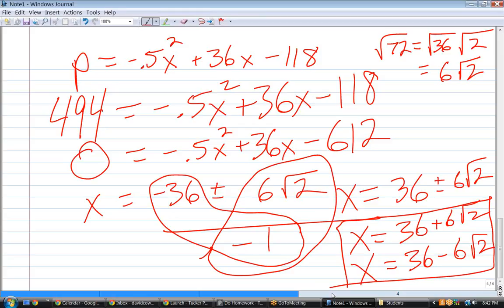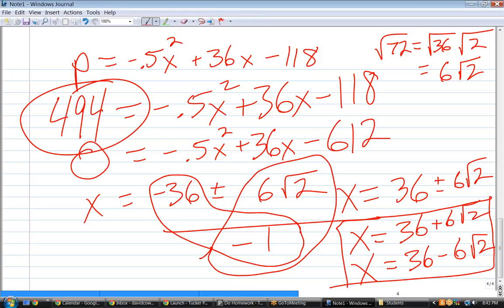Their question says, what's the smallest amount you can charge and make a profit of $494? So which of these answers do I want? The second one? Yeah, that's a smaller number, isn't it? And it's not negative.